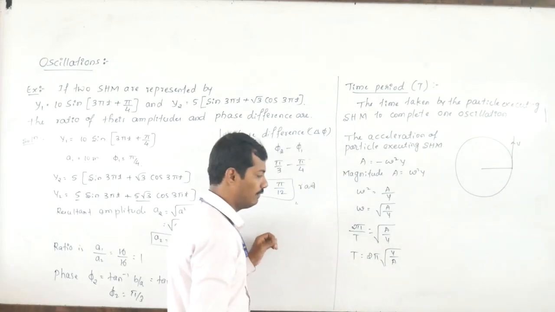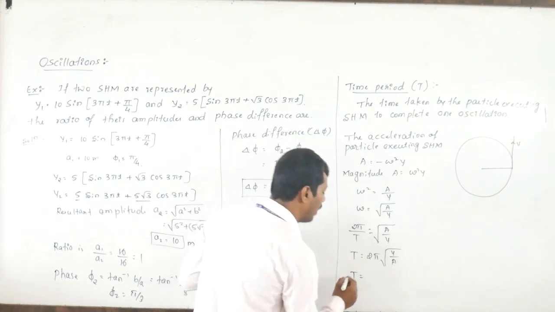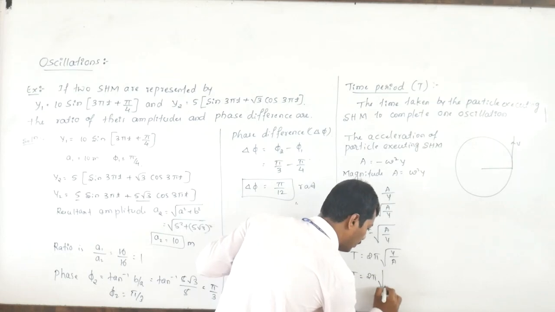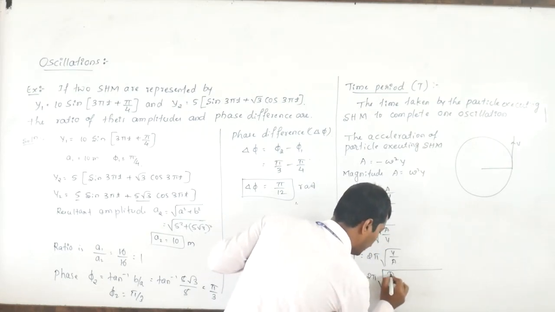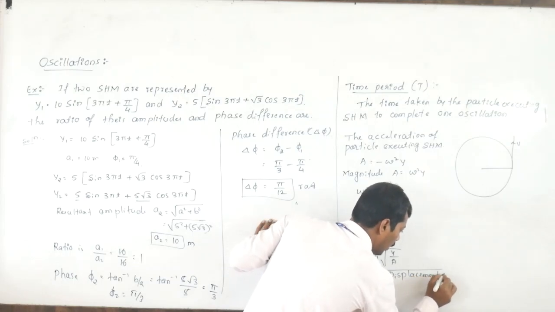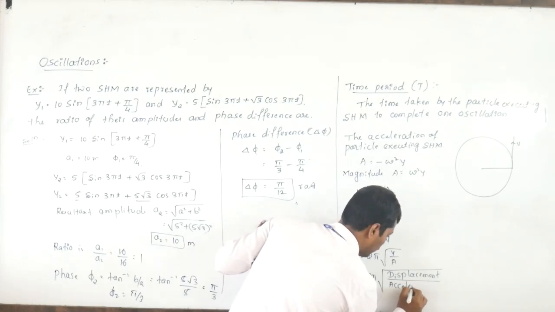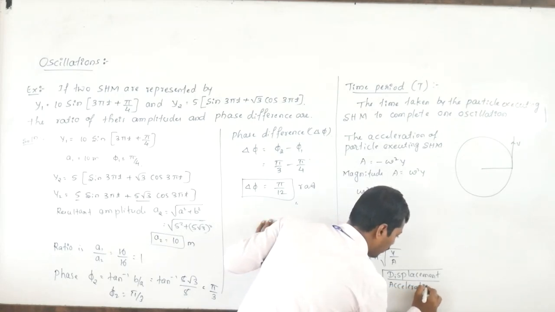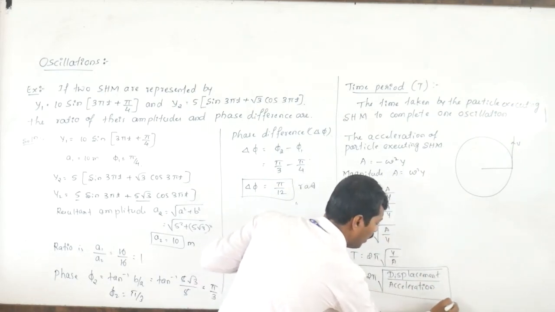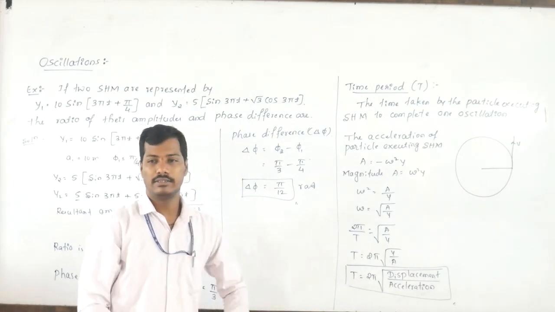Finally, the time period of a particle executing simple harmonic motion is 2 pi root of displacement divided by acceleration. Its unit is second, because it is time.